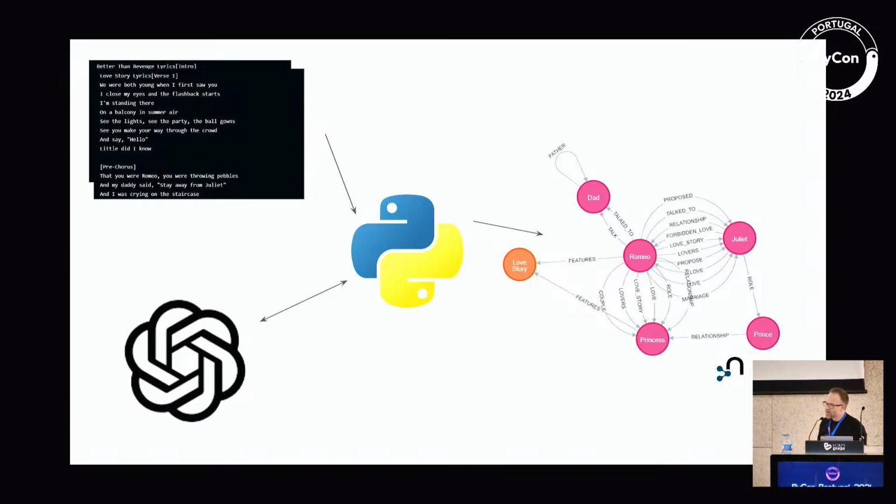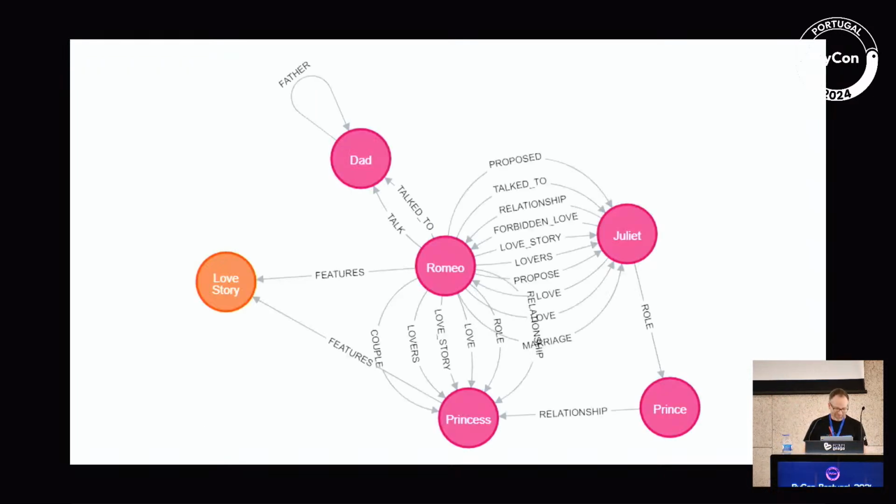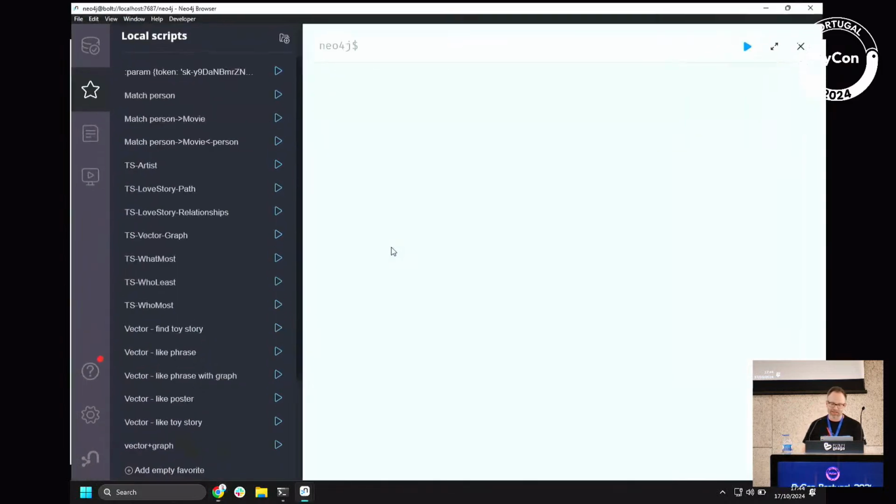So that on the right represents an entity relationship graph of the story of the song Love Story. Romeo proposes to Juliet. Juliet's role is... anyway, you get the idea. Juliet, forbidden love with Romeo. And this is what that graph looks like.